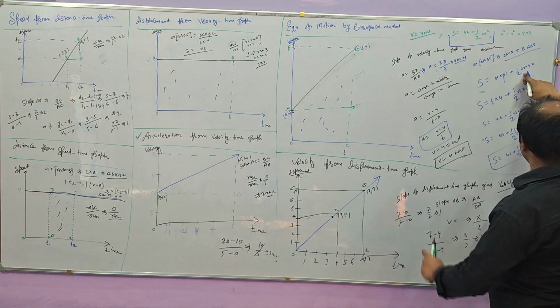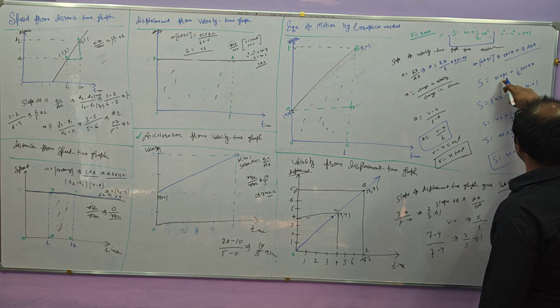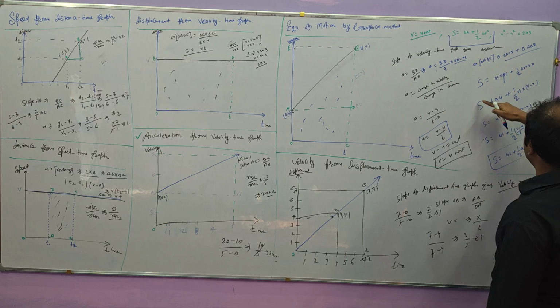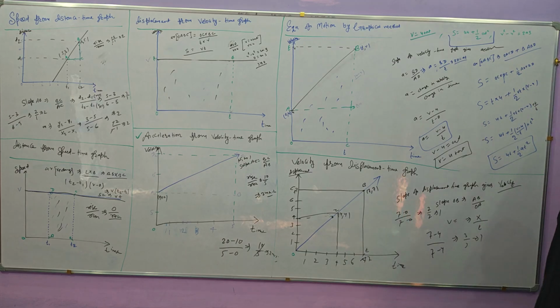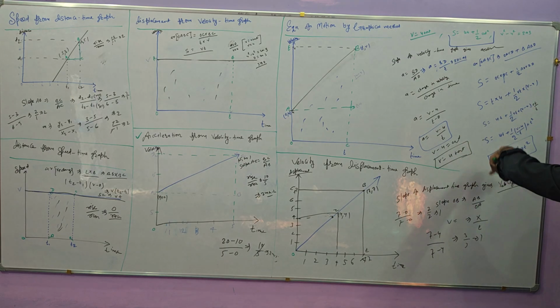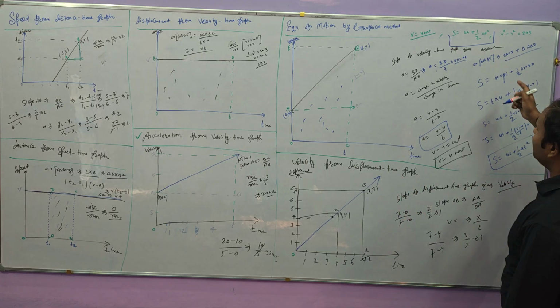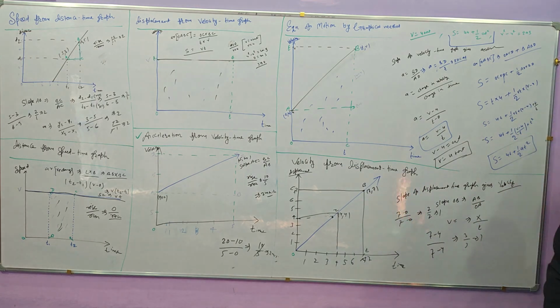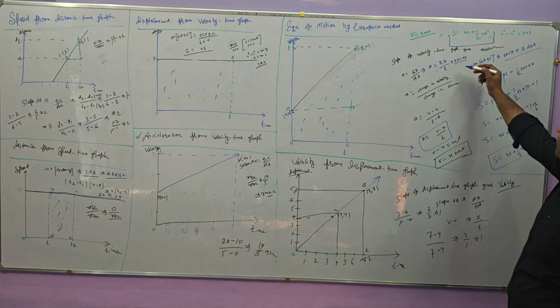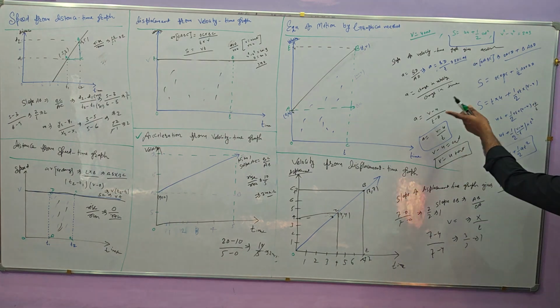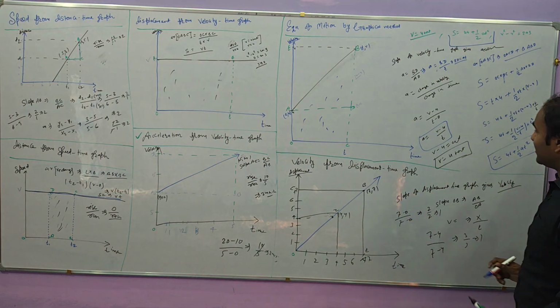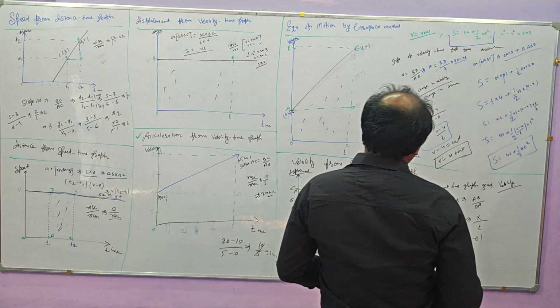We have AD is equal to T, so half AT square. OD is equal to OC into DC, that is T, and directly we can put S is equal to UT plus half AT square. We don't need to relate this, but we can also relate it like this.